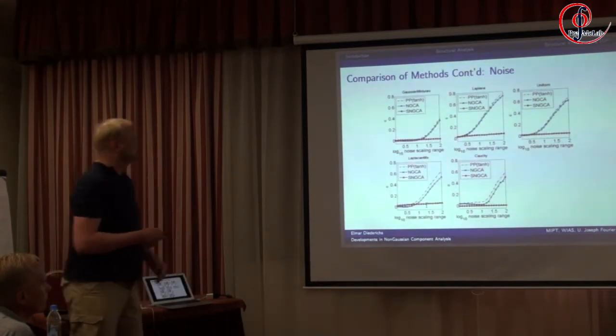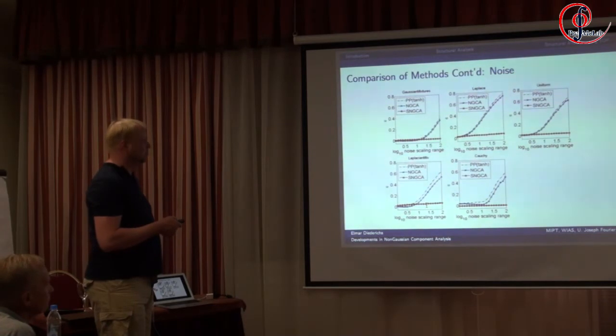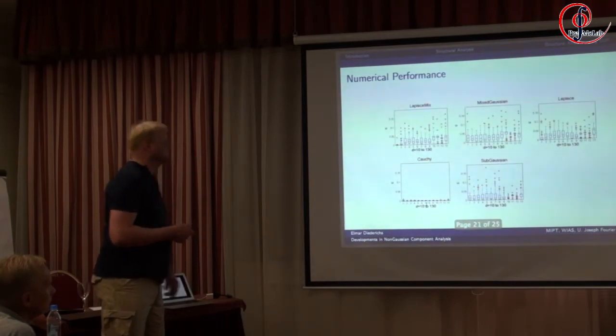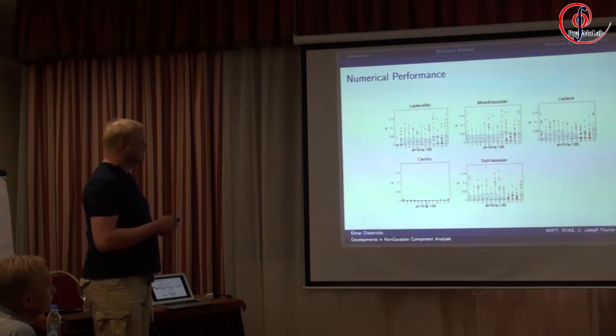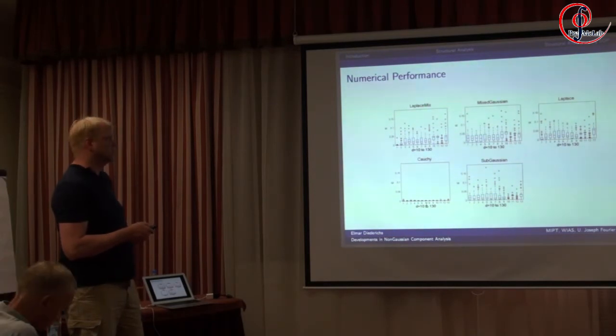If we do the same comparison with respect to noise, we can see that, independently of the choice of non-Gaussian components, the method is more or less independent of noise in the data. This is of course a nice result. If we look at higher dimensions, the semi-definite approach gives us a chance to reduce the dimension of data sets up to, say, 150.